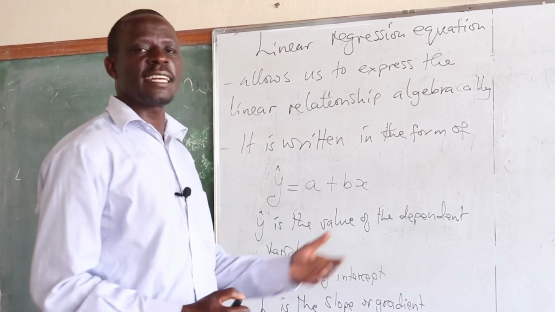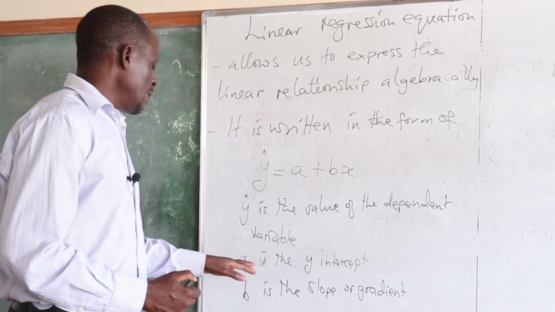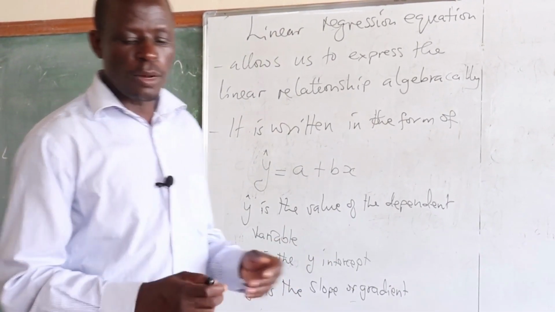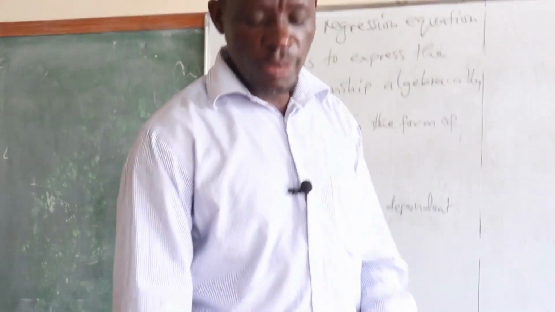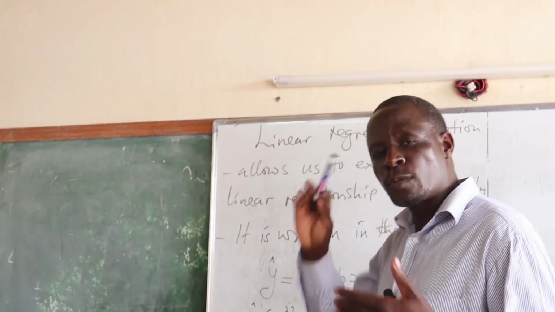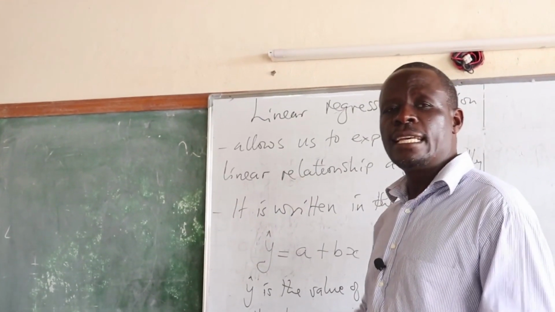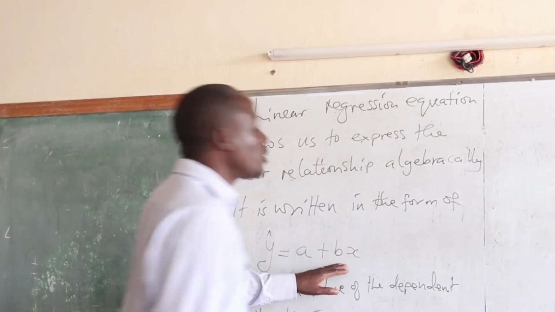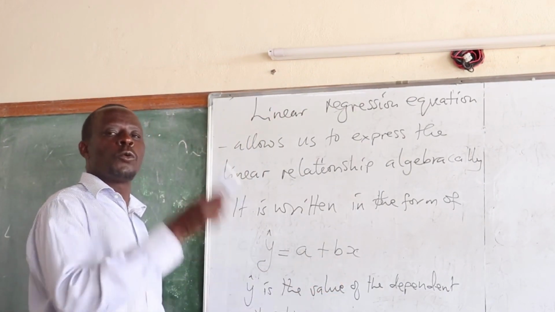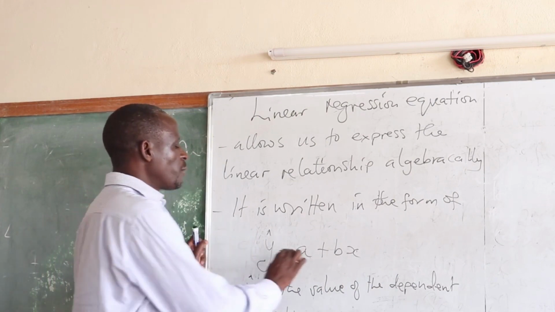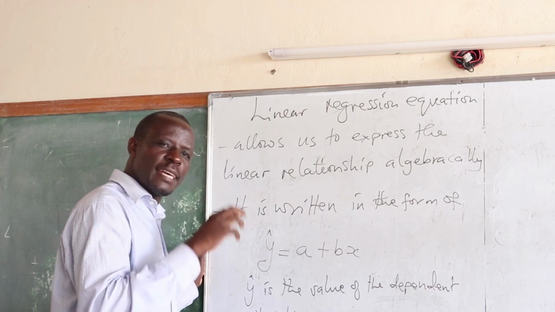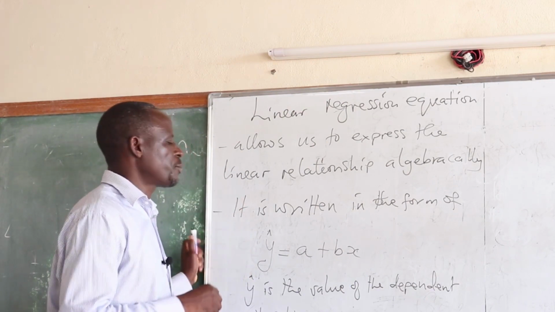So b is the slope or the gradient, and our duty, when we're trying to get the linear regression equation, is to find the values of a and b, because different lines will have different values of a and b. But which of the lines is going to have a and b that bring the sum of the squares to a minimum as much as possible?